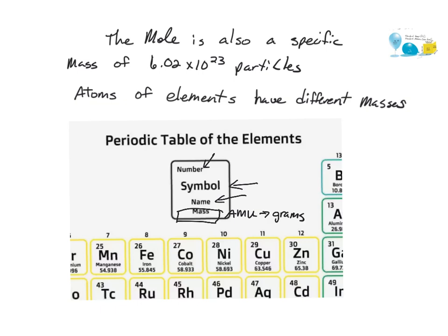So if we're looking at iron here, element number 26, its symbol is Fe, the name is iron, and right here is the mass. Now in AMU, that would be the weight of one atom of iron. Well, what we're going to do is cross off AMU and just change that to grams. So if we weighed out 55.845 grams of iron, we would have 1 mole of iron.